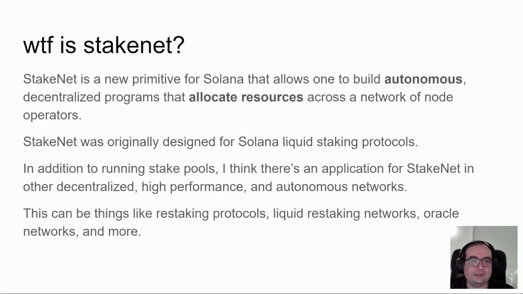And this blog post goes through this, and I found it very convincing. So, according to Lucas, this is not just for liquid staking, even though liquid staking is of course important, but there are other ideas like applications for restaking protocols, liquid restaking networks, Oracle networks, and more.